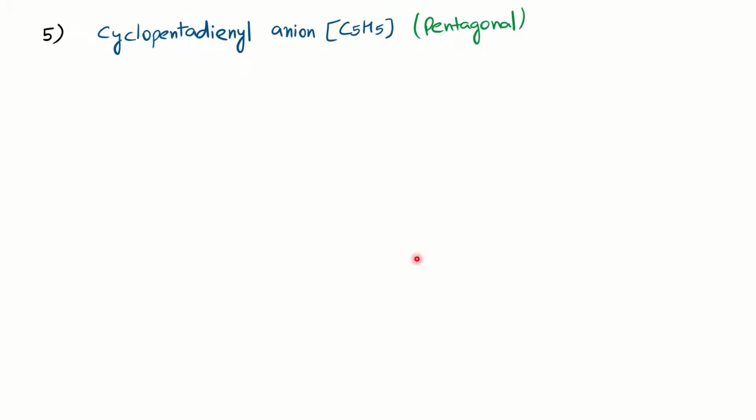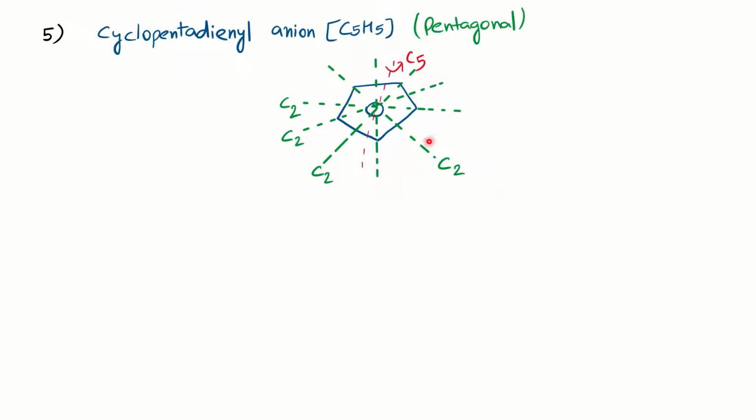Now we consider the next example, C5H5 minus, that is the cyclopentadienyl anion. You can see C5 is the principal axis. 5 times if you rotate it, you will get an indistinguishable structure, and it has again 5 C2 axes of rotation.